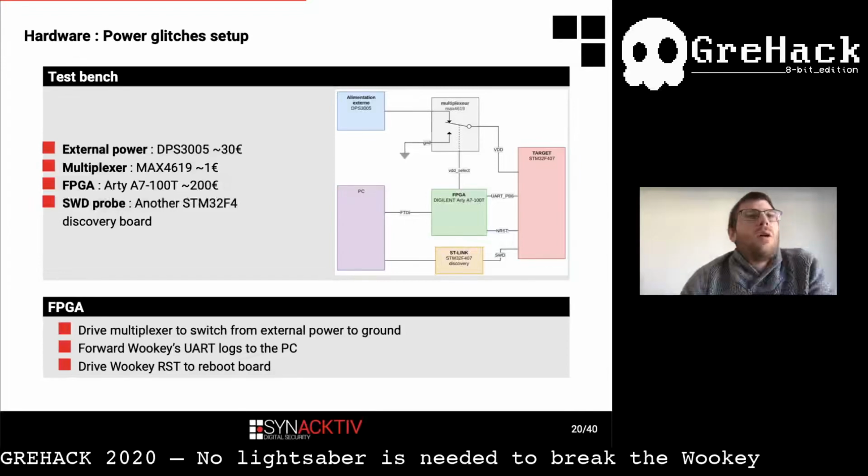Okay, so we have our target ready to be attacked. We need a test bench to perform the attack. We build our test bench with cheap components: an external power supply to provide power to the MCU, a multiplexer to switch from ground to power supply and generate the power pulse, a JTAG probe to check if the attack succeeds, and an FPGA to control all the attacks.